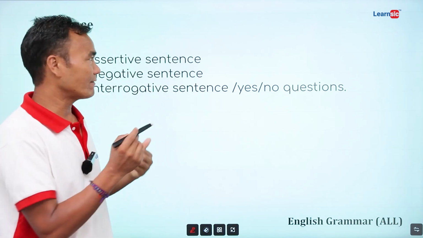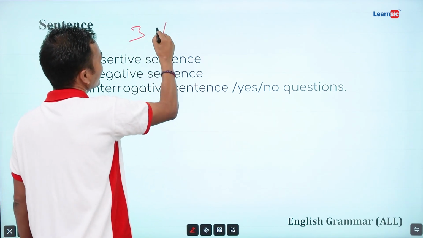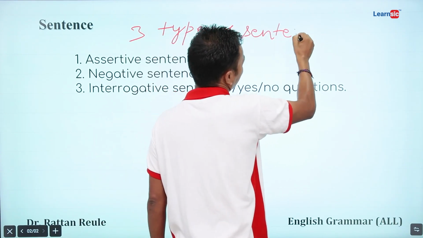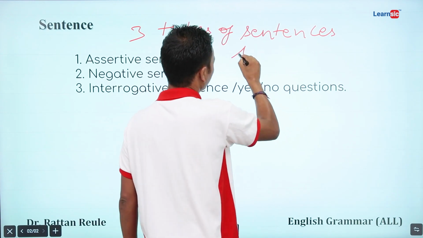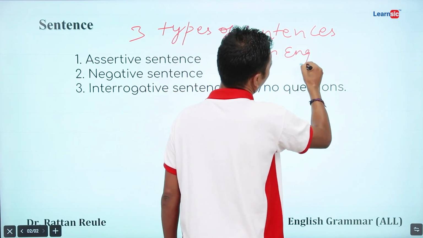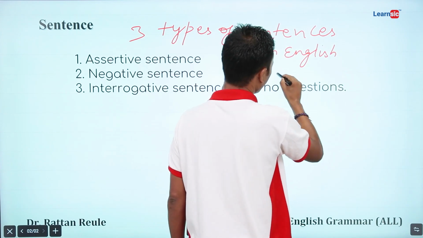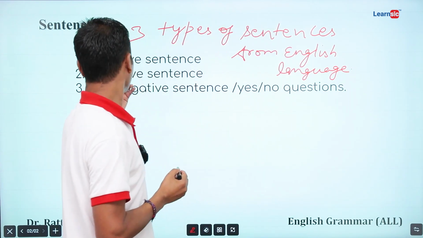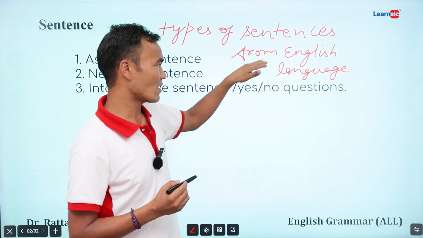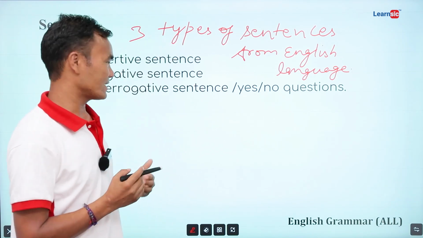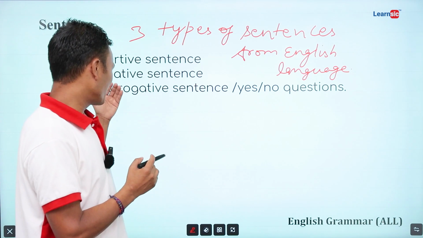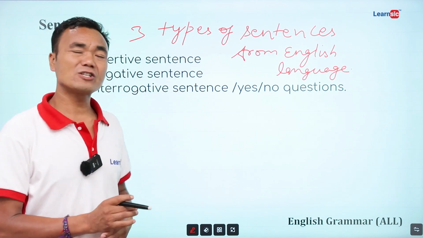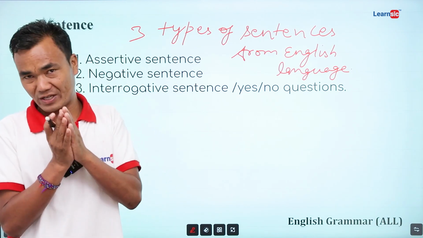So normally we have 3 types of sentences from the English language. Type 1 is assertive sentence, type 2 is negative sentence, and the third one is interrogative sentence, which is also known as yes/no questions, right?